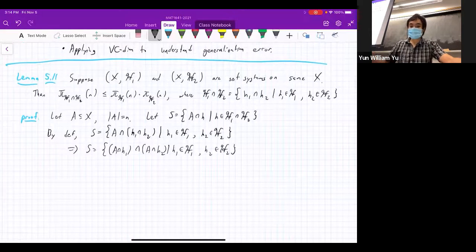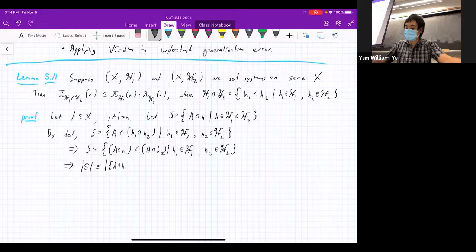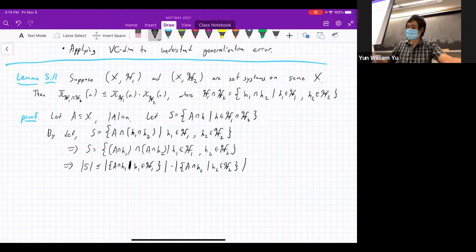But this then implies that the size of S is less than or equal to the size of the set of A intersect h1 for h1 in H1, times the size of the set of A intersect h2 for h2 in H2. Then all I have to do is choose some maximally shatterable A for H1 intersect H2 of n.